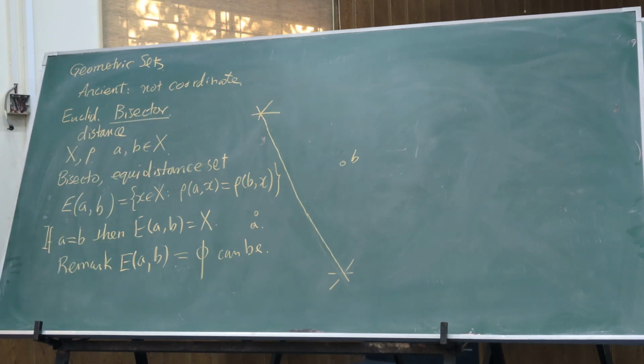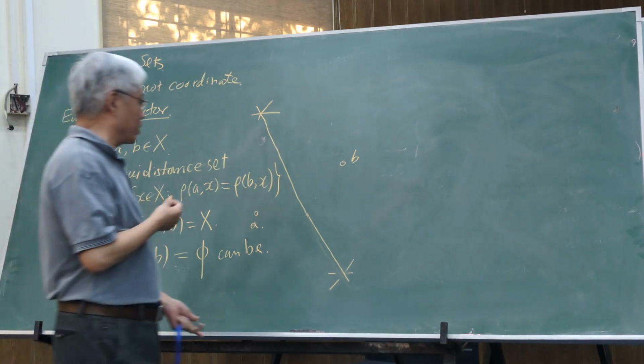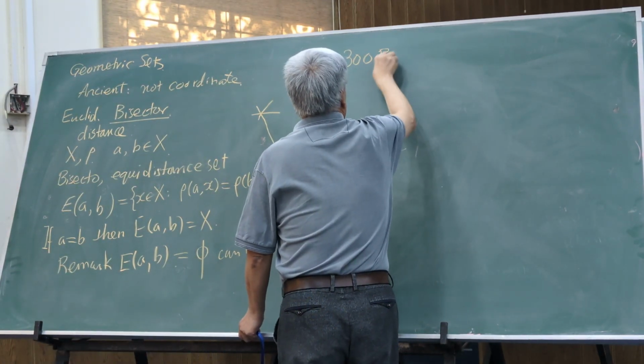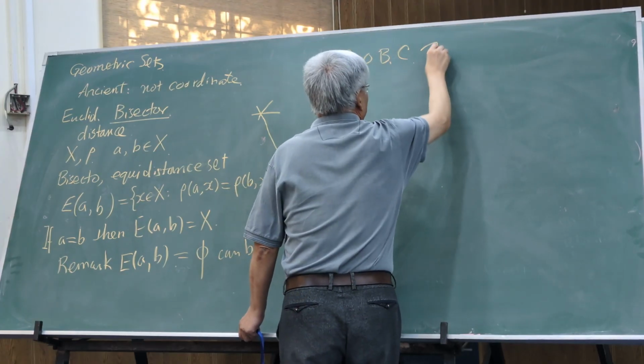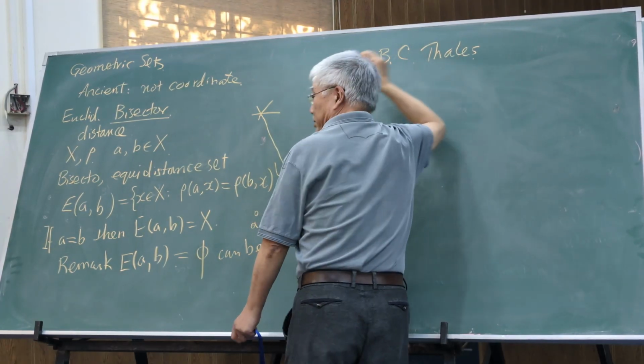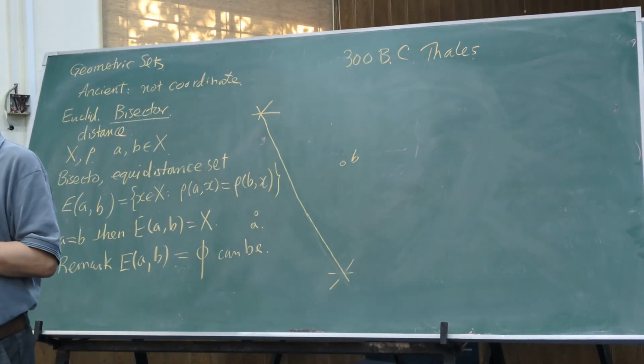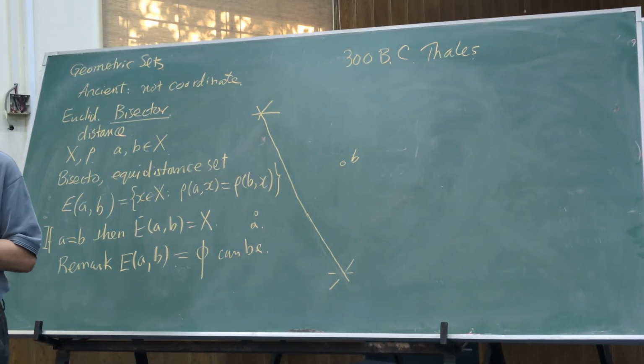Now let us go back to 300 BC. Thales, I think it is Thales, right? Who defined the ellipses, hyperbolae, and parabolae in the Euclidean plane.